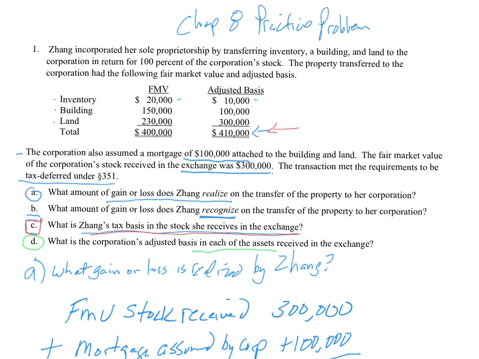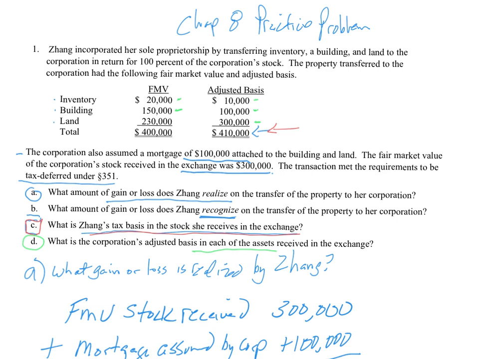There's not what is called a built-in loss. With our building, we've got an adjusted basis of $100,000 and a fair market value of $150,000. Again, no built-in loss.